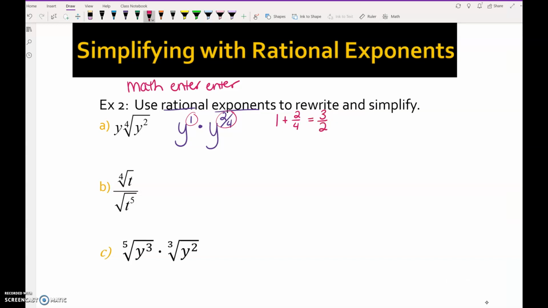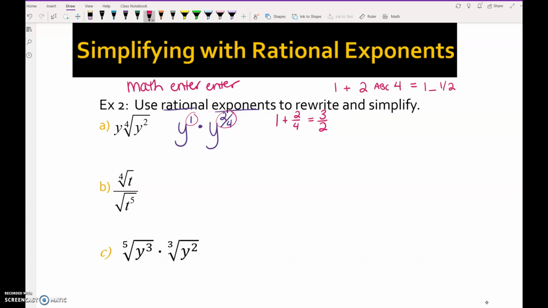If you are using the trusty scientific calculator from the days of middle school, you would do 1 plus 2, your ABC button, 4, and then hit enter. I forget what that ABC button looks like, but it's the A, B over C thing. It's going to give you the answer 1 and 1/2.